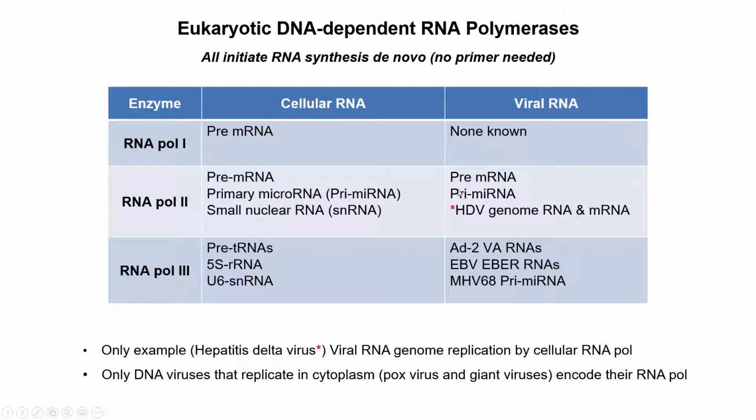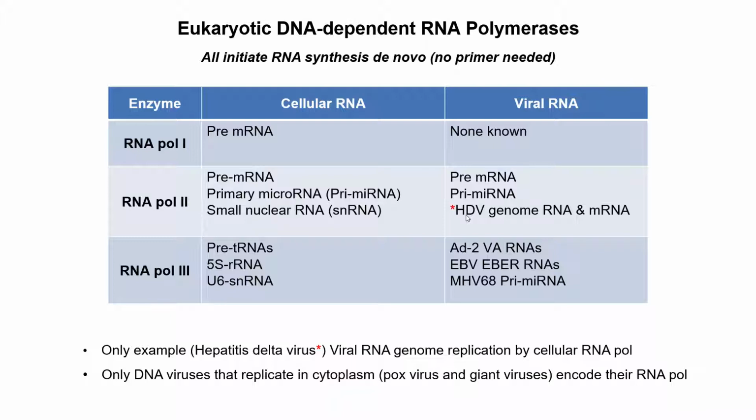Also, this is definitely underlined, and it is very interesting: the hepatitis delta virus has an RNA genome. This is the only exception where a DNA-dependent RNA polymerase can read that RNA genome of the HDV to make its genome RNA as well as an mRNA.